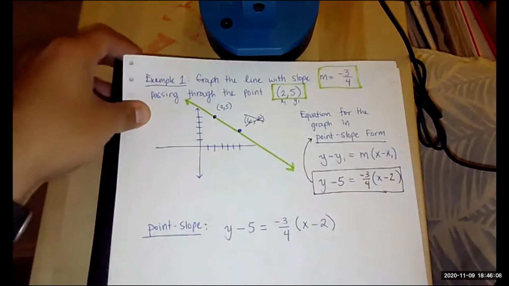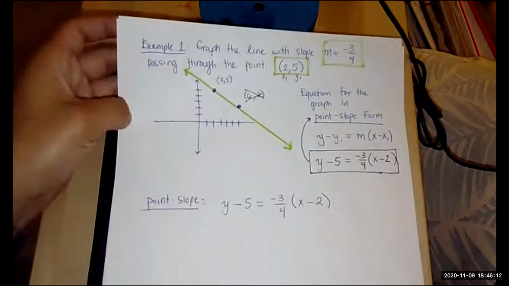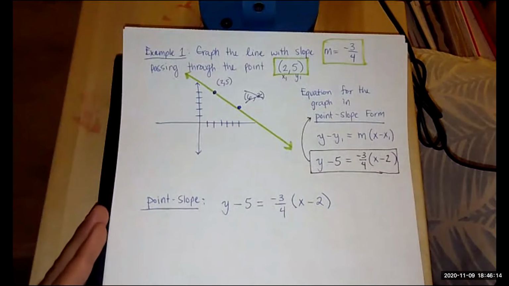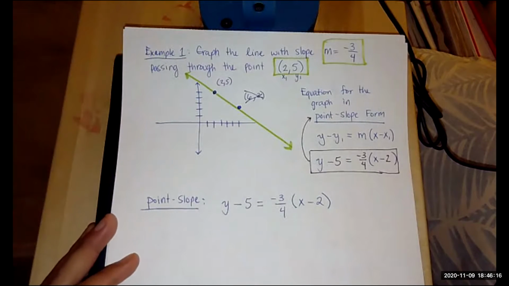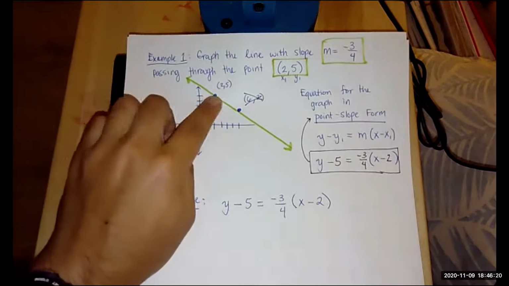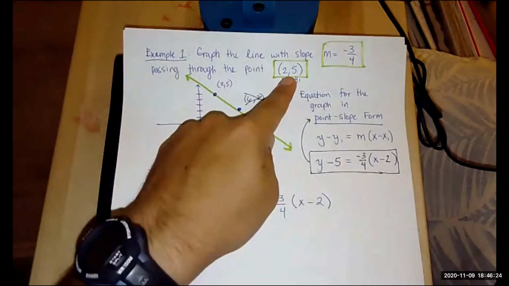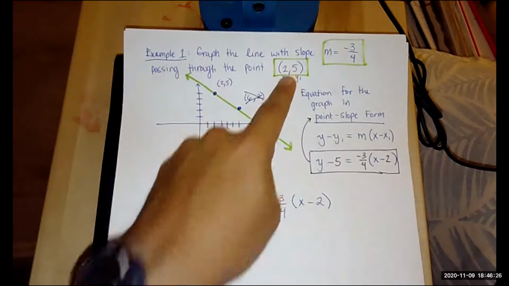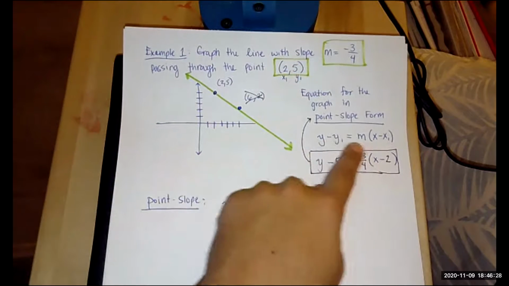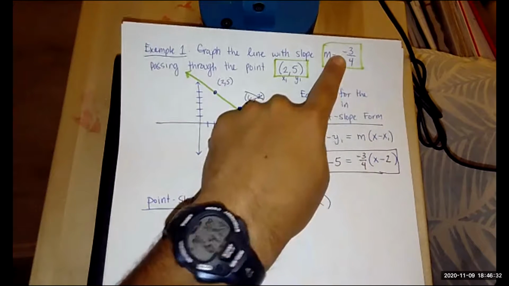You might ask yourself, well, why are we doing this and how is it related to slope-intercept form, what we did before? Well, why we're doing it is because you won't always be given the y-intercept. So if we're given any point, then we can still find the equation by using this formula, as long as we're given the slope and that point.